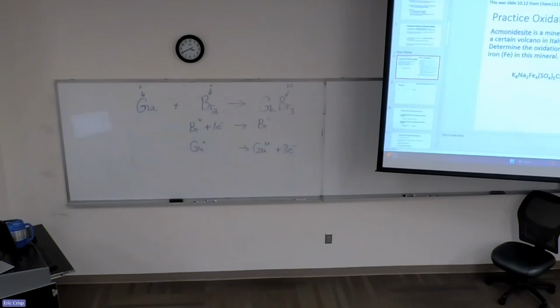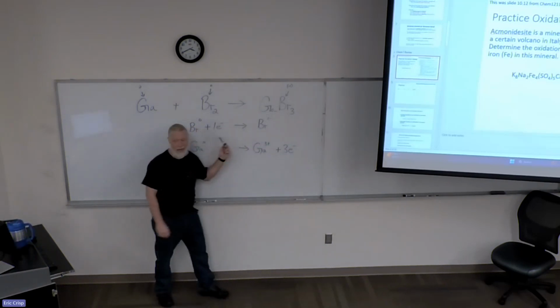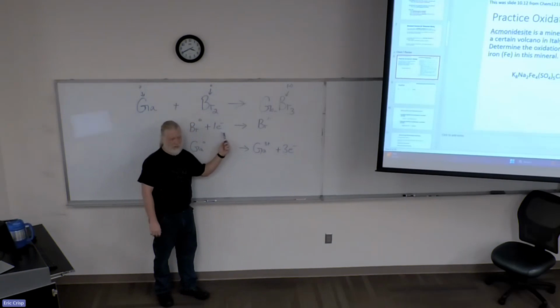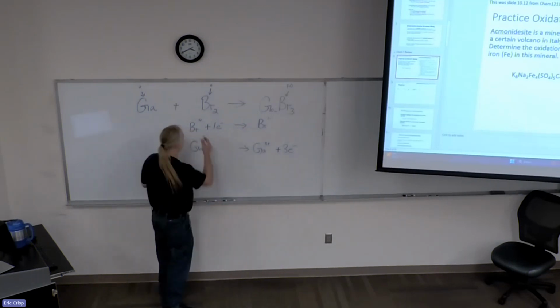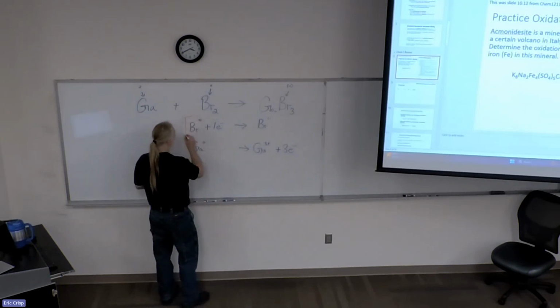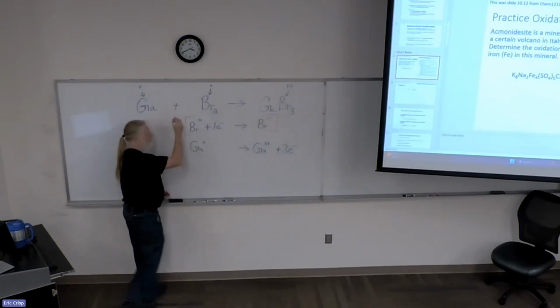Okay, so we have to account for all the electrons. If we've got 3 electrons on this side, then we gotta have precisely 3 electrons on this side. We have to account. Okay, so I'm gonna do that by multiplying the whole thing, both sides, by 3.